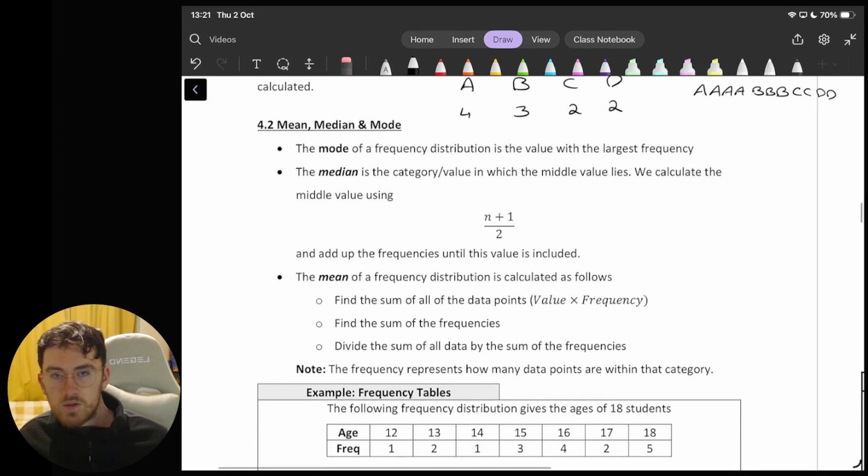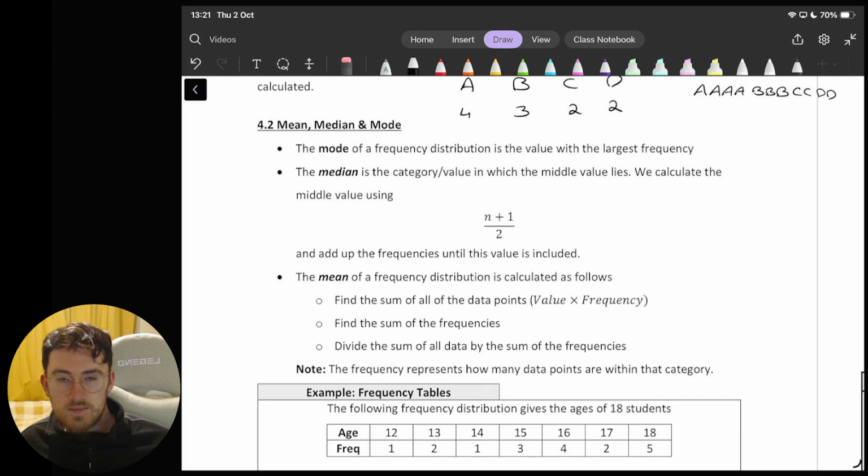The median would be the category or the value in which the middle value lies. If I'm listing out my data set, even in this case where I've used letters, there is technically a middle value. There's not always an awful lot I can do with it, but because this is looking at categories, we're just looking at where the middle value is, where the middle person, the middle thing in this set of data is.